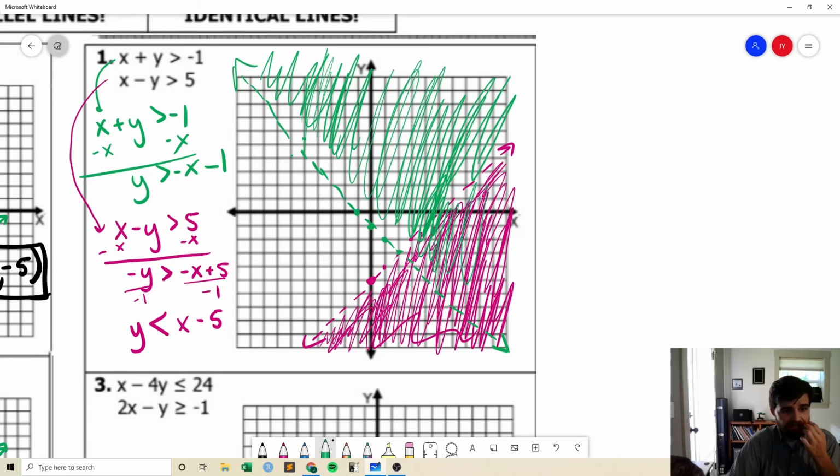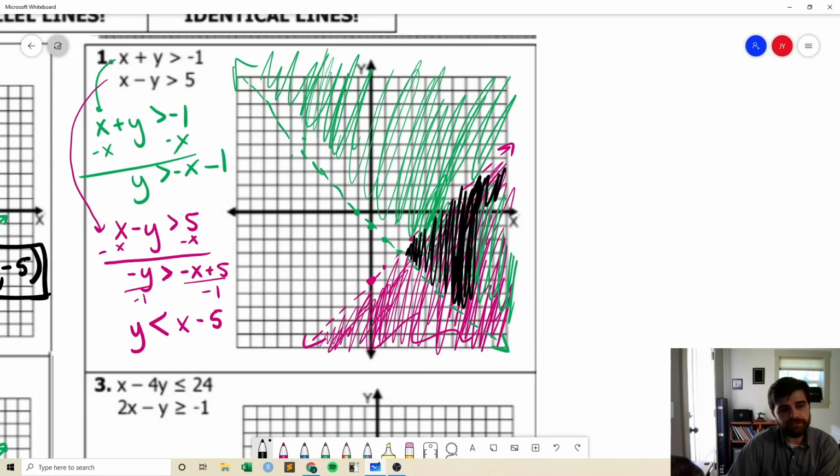So we shade above the green line, we shade below the pink line. And now this is getting a little bit messy, but what we see here is we have this area right here in the middle that has both the pink and the green. That is our solution set, right? Any point that is solving both of these inequalities at once, in the overlapping shade, is our solution.